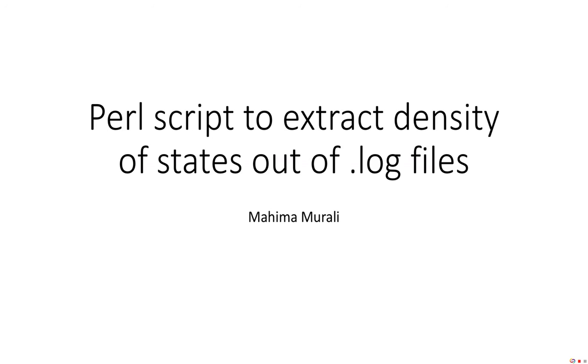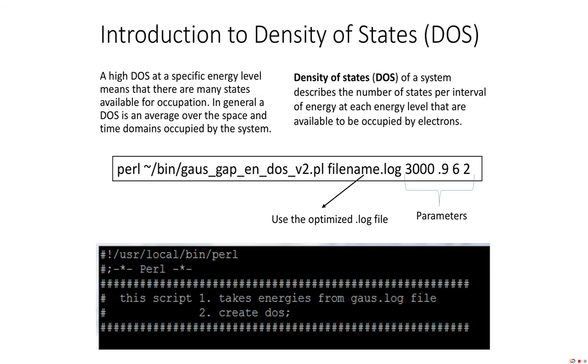Yeah, hi. I think Kristen already explained how to do this density of states from log files. But still, please present and explain it. Yeah, so for the next slide. The density of states of a system describes the number of states per interval of energy at each energy level that are available to be occupied by electrons.